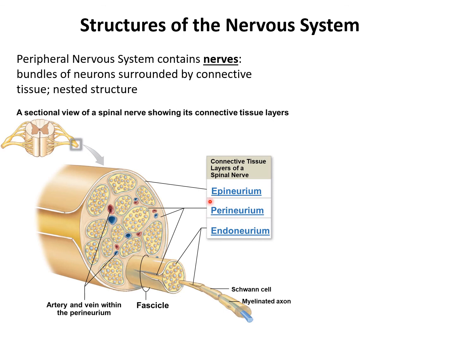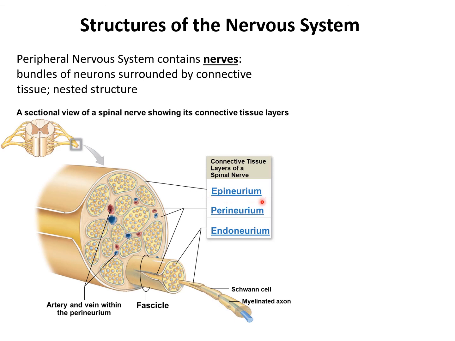Peri for around the perimeter of this bundle of neurons. The bundle itself is called a fascicle. Furthermore, multiple fascicles are bundled together and wrapped by this connective tissue sheath called an epineurium. Epi meaning on top of or upon. So this is all the way on the top of this bundle of neurons.